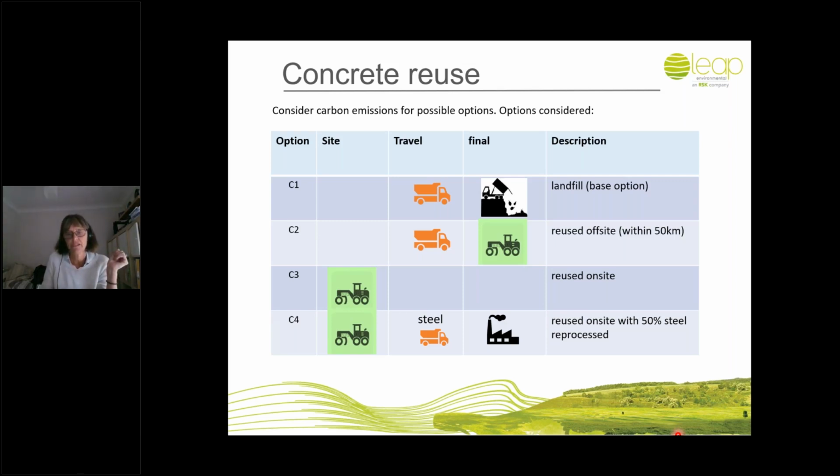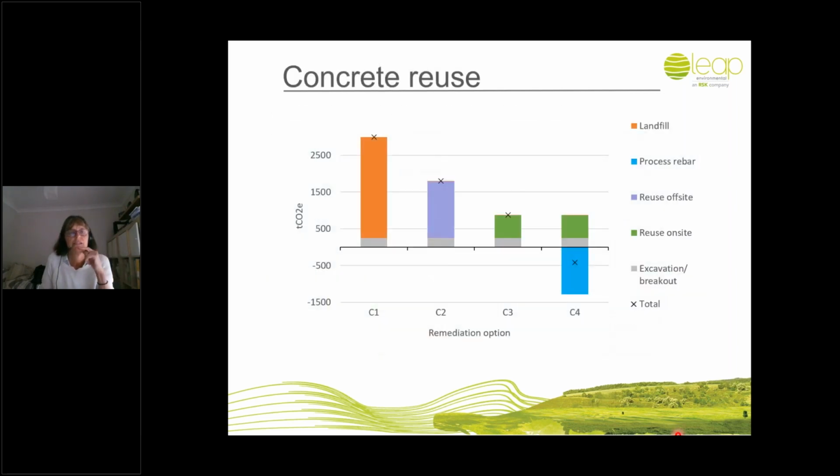So if I rerun all those options and plonk it into my carbon model, I get my worst case scenario of sticking everything in a landfill. You also notice on this one that the excavation was always quite a small fraction, but when you're including breaking out and concrete, it's getting a bit bigger. So you can see the worst case scenario of C1, send everything off site, reuse it on site, we're reducing it.